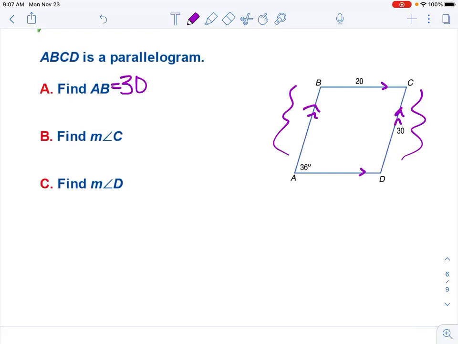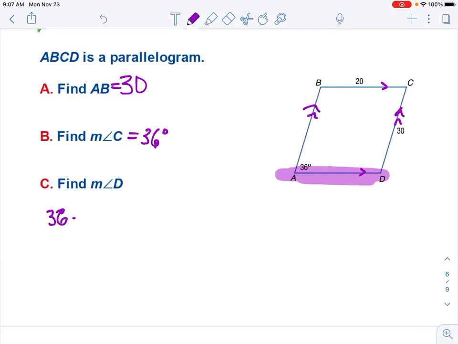If we're trying to find the measure of angle C, angle C is opposite over here, so angle C is simply 36 degrees.